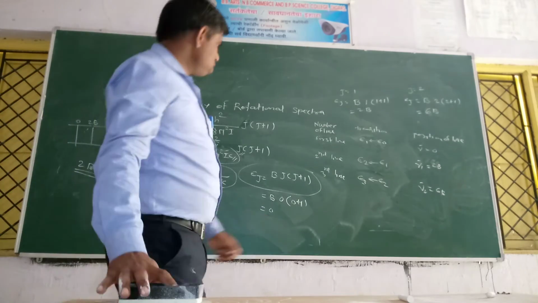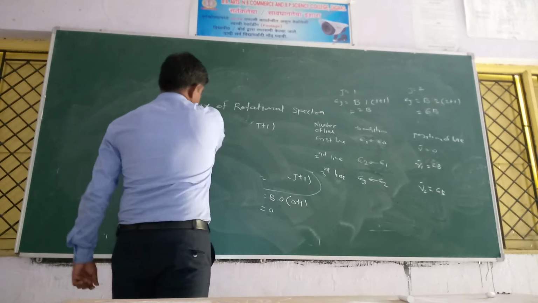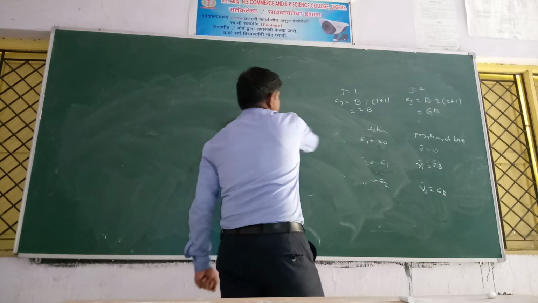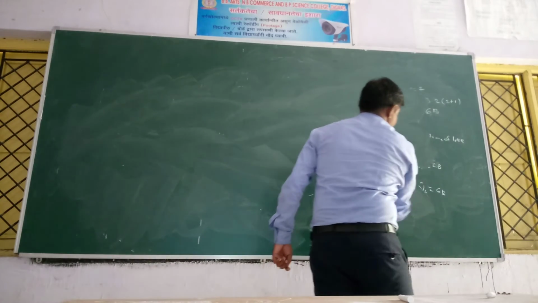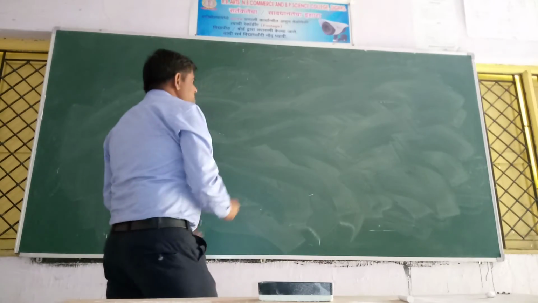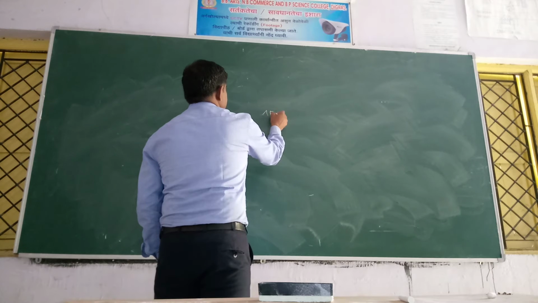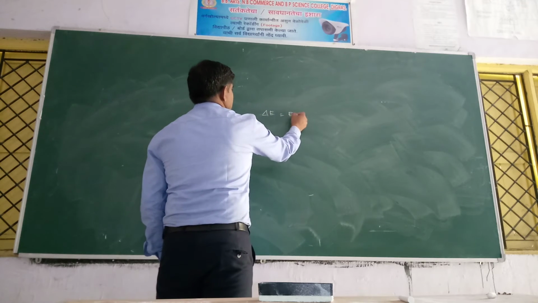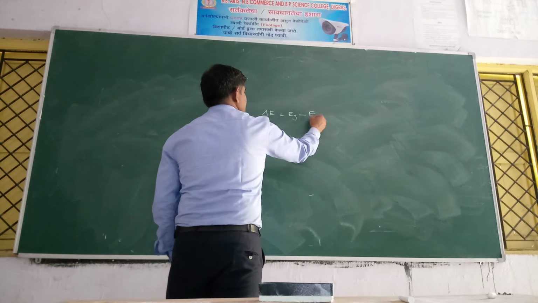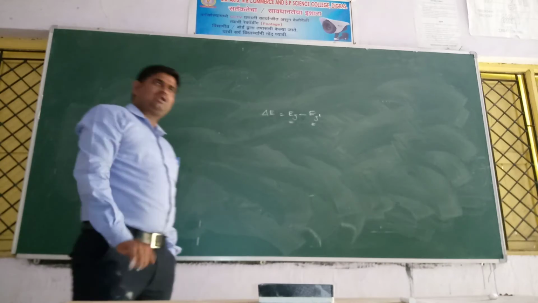After that, the next point is we are calculating the energy difference. Delta E is equal to E J minus E J dash, meaning higher line energy minus lower line energy.